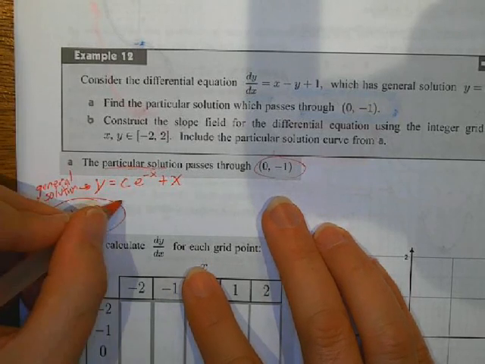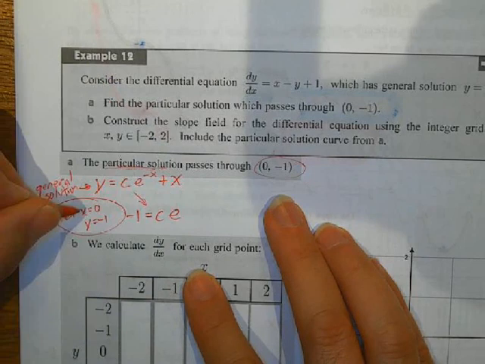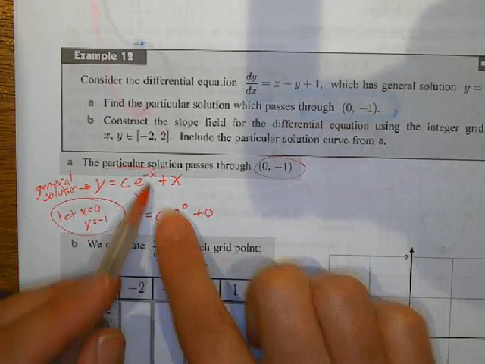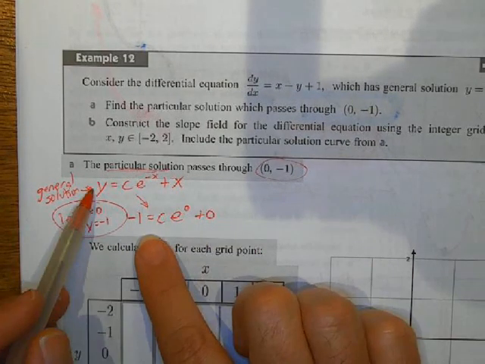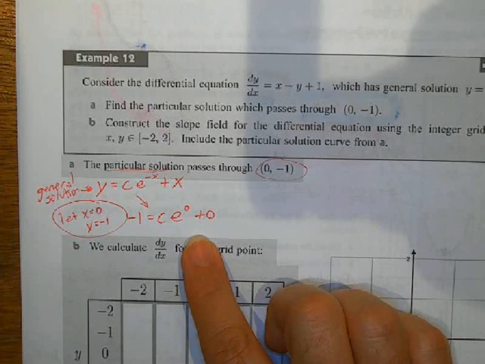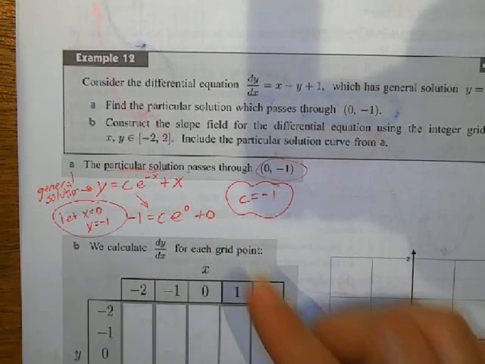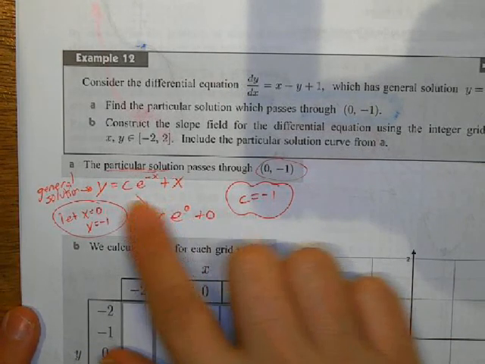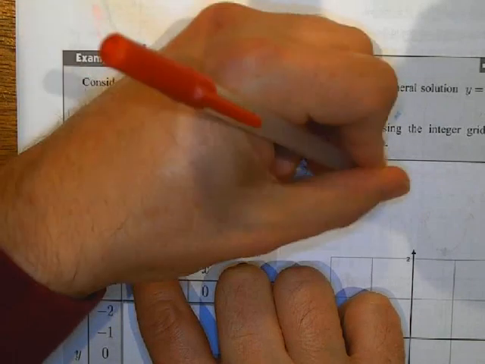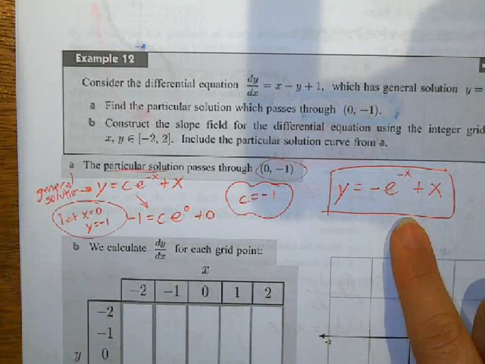So now this becomes -1 equals c times e to the 0 plus 0. I've made x equal to 0, I've made y equal to -1, and so now I can say that c equals -1. Okay, so now I'm going to rewrite this equation with -1. So we have y equals negative e to the negative x plus x. And that is my particular solution.